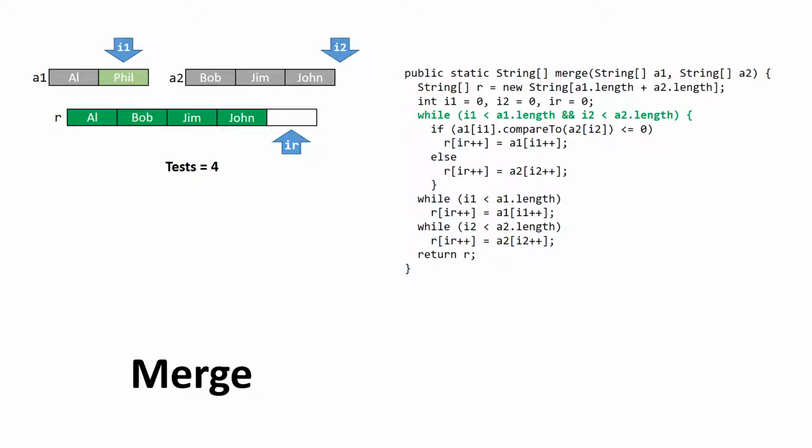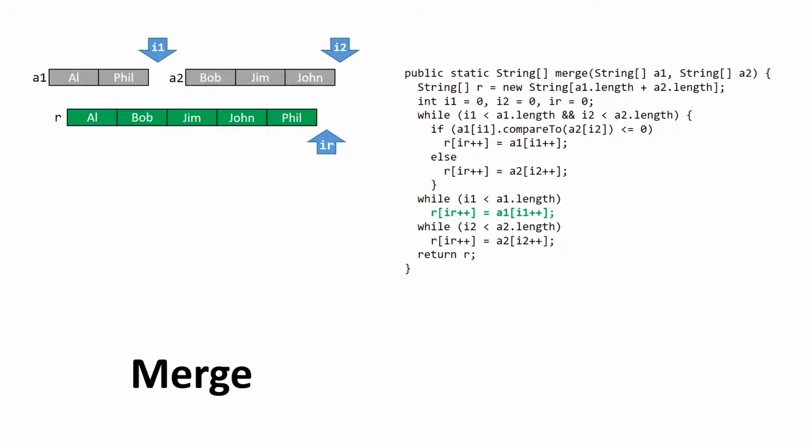Now when we return to our while loop, I2 is no longer less than A2.length, because that second list has been exhausted, and this while loop is over. This takes us to the two cleanup while loops at the end. The first of these while loops checks to see if we've exhausted the first list.